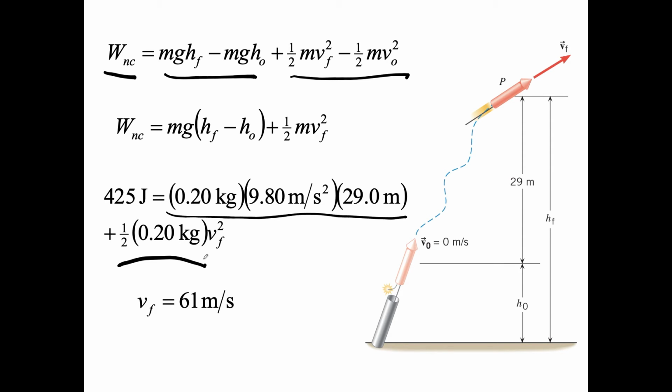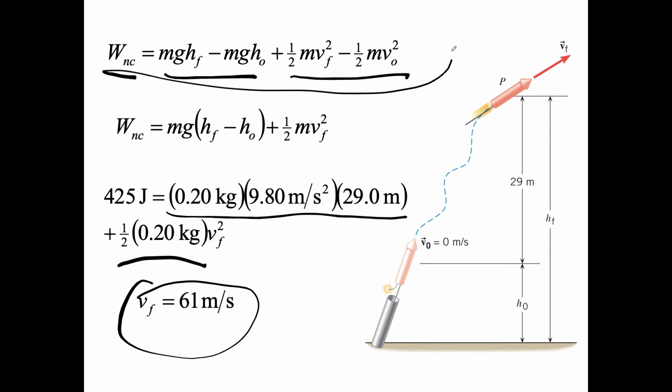Plug in all the numbers and solve for the velocity, which gives us 61 meters per second. So this is the energy problem when there is indeed non-conservative force doing work. Then we need to use this equation.